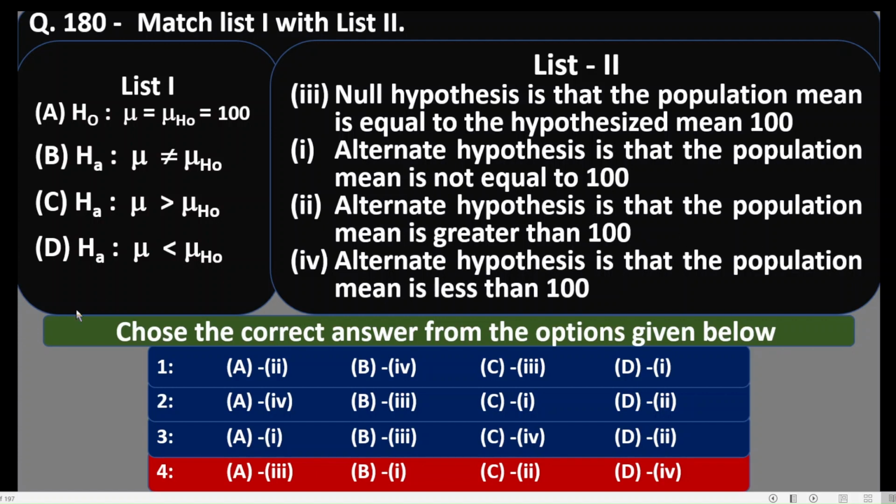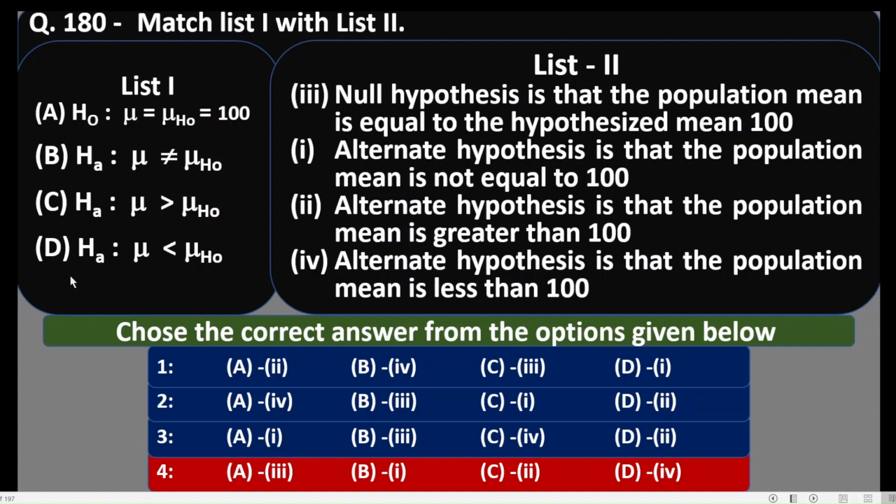And in D of list 1, the situation is given in terms of alternate hypothesis, where it is said that mu, population mean, is smaller than hypothesized mean, that is 100. So this is given in fourth number of list 2, and here it is paired. So alternate hypothesis is that the population mean is less than 100.